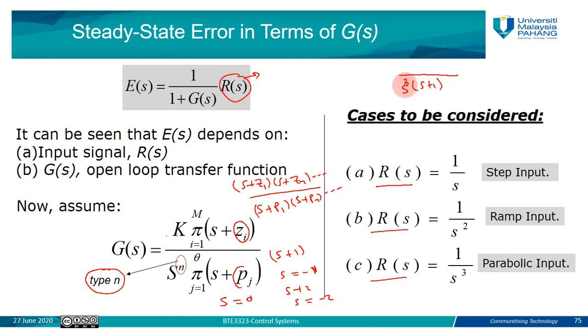If s cubic, it is system type 3, and so on. So the power of the pole at the origin will decide the system type, and the system type will affect your error value. Later on we will see how the system type gives you different error values for your control system transfer function.